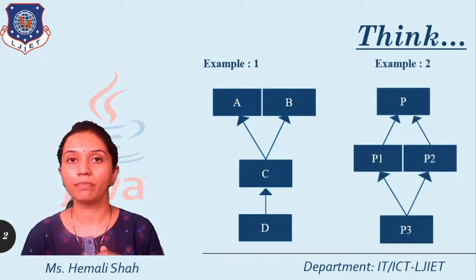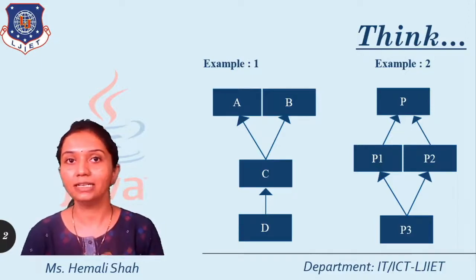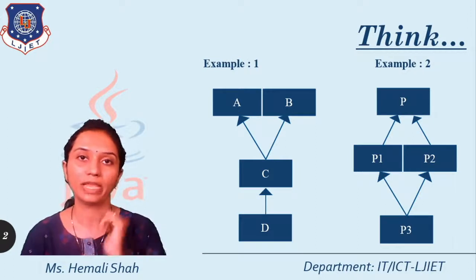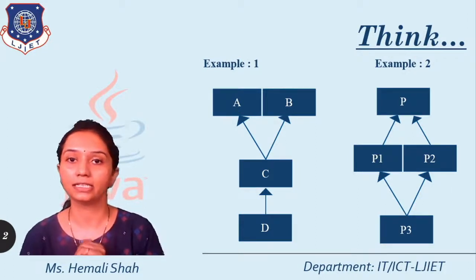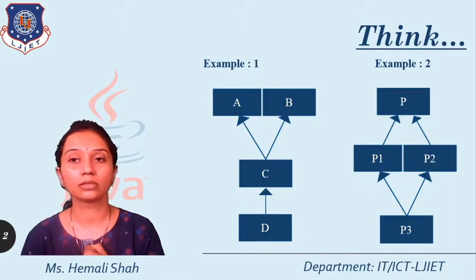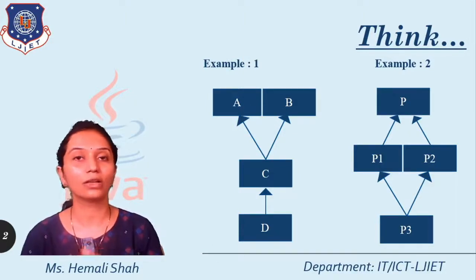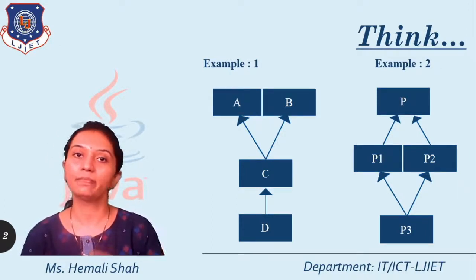Now this is the second example. Observe the part P having the two children. P1 and P2 both are derived from P. So here this is the hierarchical inheritance concept because these two are the child classes, sibling classes, having the common parent P. Now observe the part P1, P2 and P3.